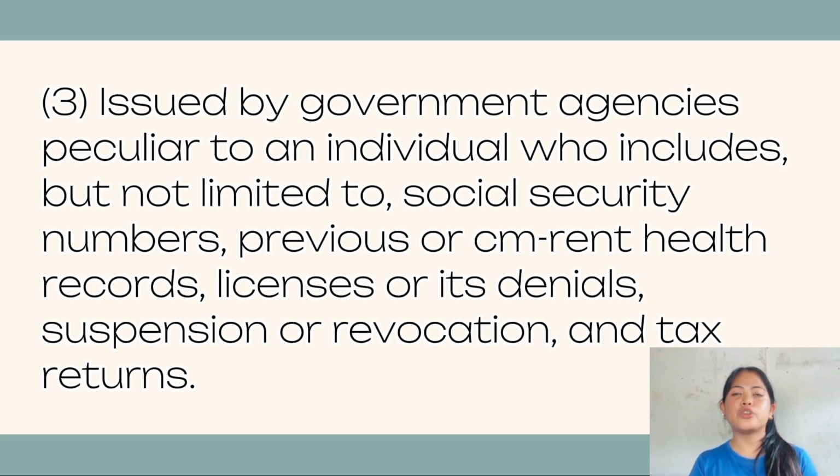And third, issued by government agencies peculiar to an individual, which includes, but is not limited to, social security numbers, previous or current health records, licenses or their denials, suspension or revocation, and tax returns.